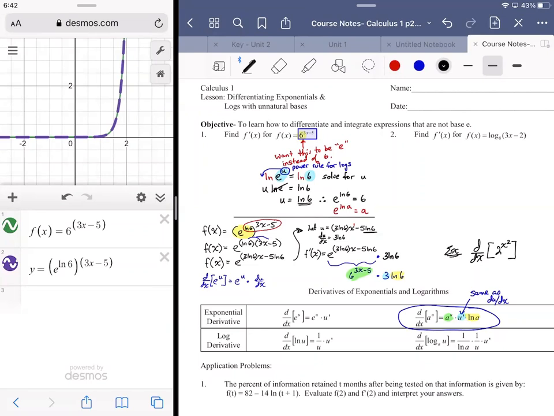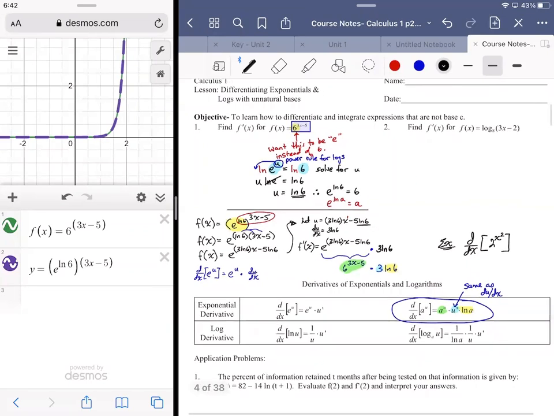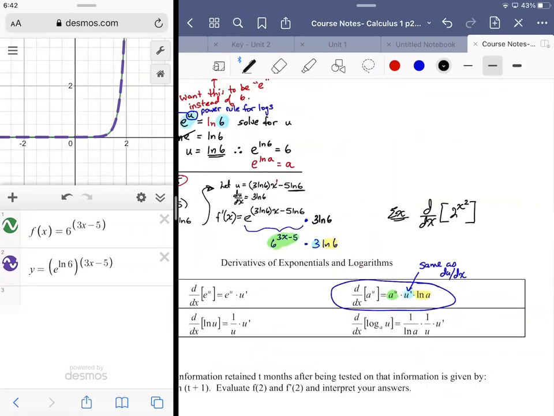This rule is telling us that we have a base other than e, and that's an indication that we're using this rule. So this whole thing is my a to the u. The u would be equal to x squared. Du dx would therefore be equal to 2x.